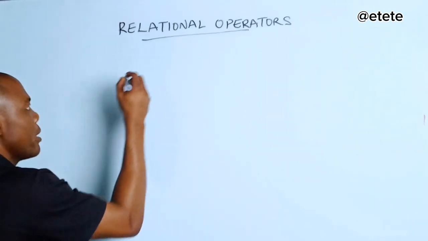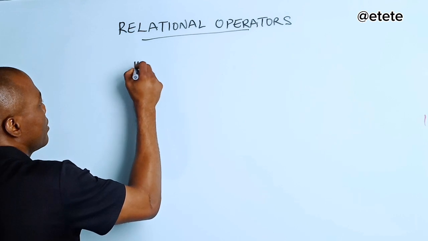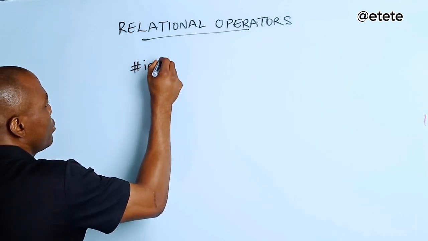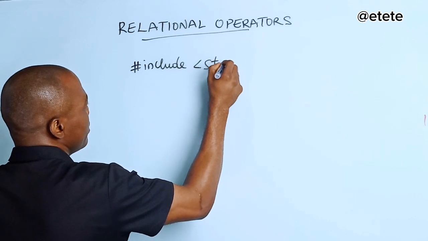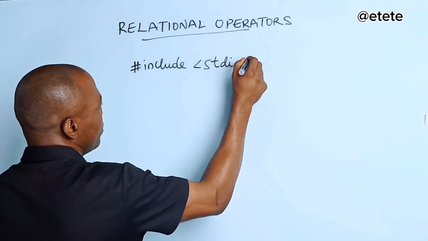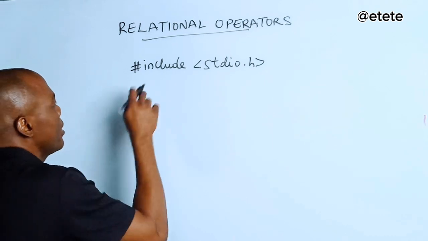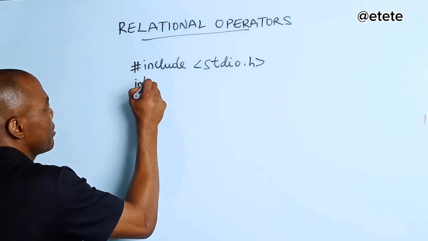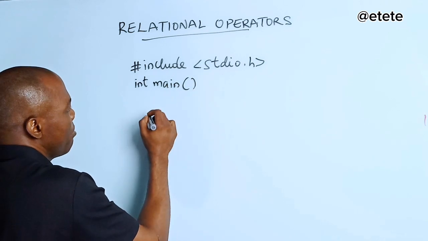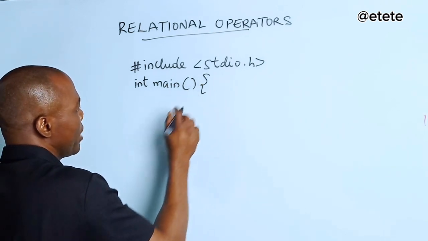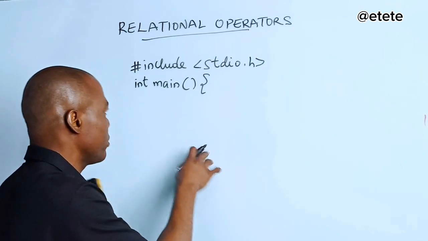Here I'm going to say include stdio.h. We are including our header file. Then here we'll say int main, which is our main function, and then we'll put our curly bracket to take as many statements as possible.